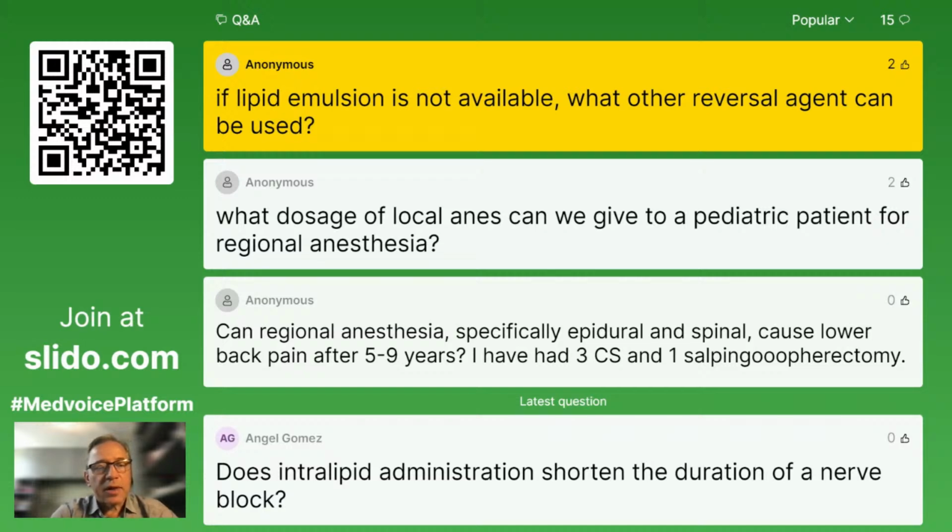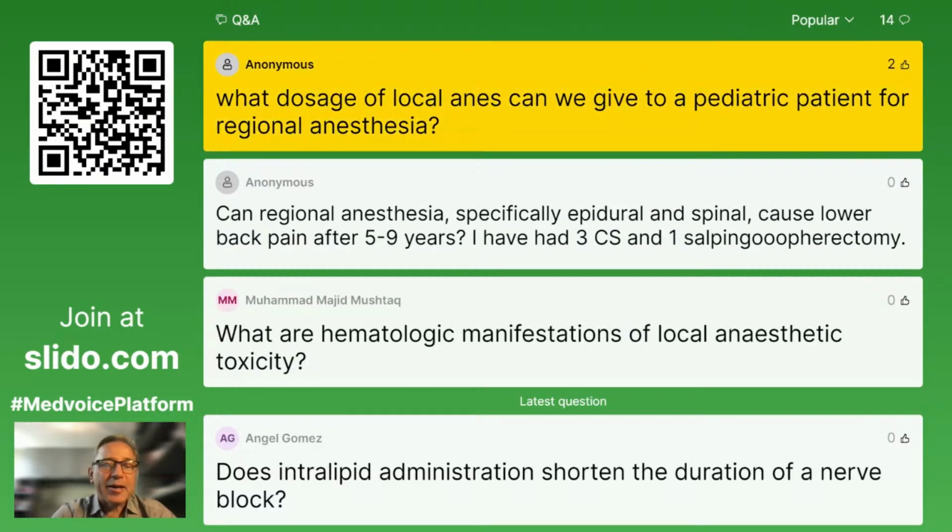The next one, what dosage of local anesthetics can we give to a pediatric patient for regional anesthesia? This is a very broad question. We need to know the weight of the patient, and we need to know the type of local anesthetic that we use. If you look back into the lecture, then you will find out that for every anesthetic there is a maximum dose.